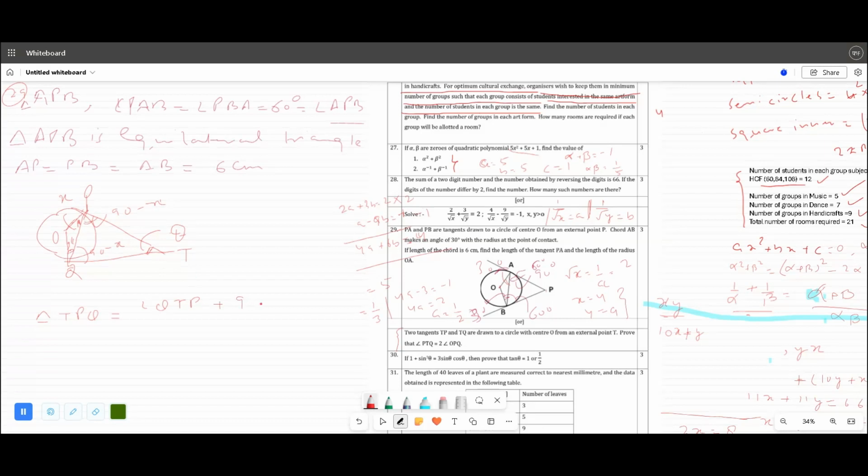The other two angles are 90 minus x, 90 minus x, right, into 2. That means angle QTP plus 180 minus 2x is equal to angle TPQ. In triangle TPQ, all three angles will be equal to 180.